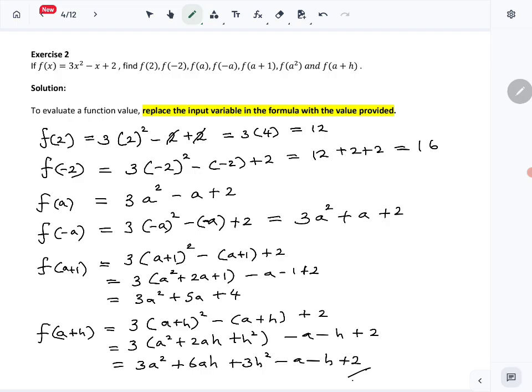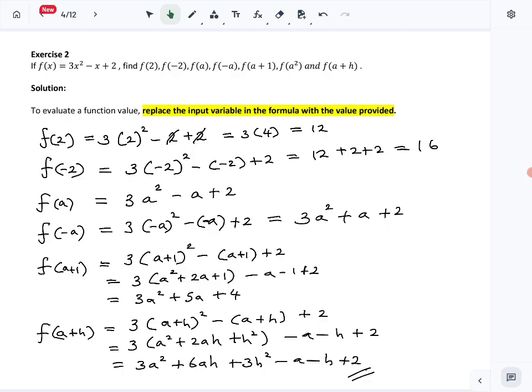Right. Okay, so that is how you evaluate a function. So remember the method. Input variable, replace with the value provided. Whatever number here, put for x. If it is not a number, instead of a number, you get an expression, substitute the expression. That's all, right?